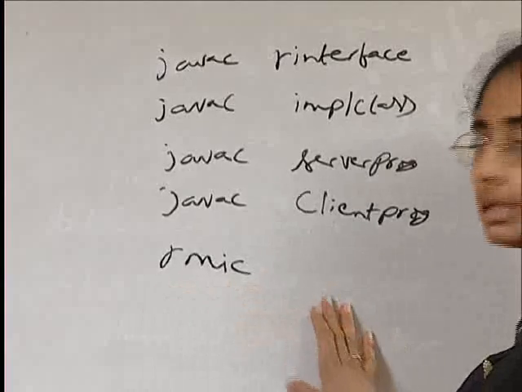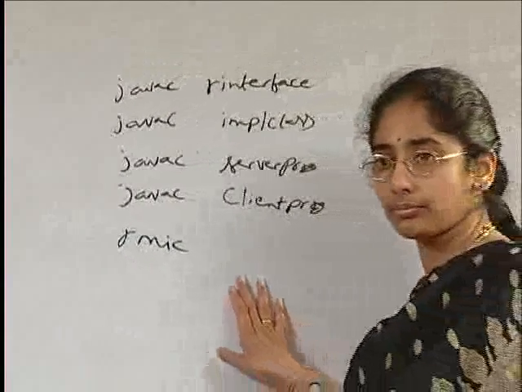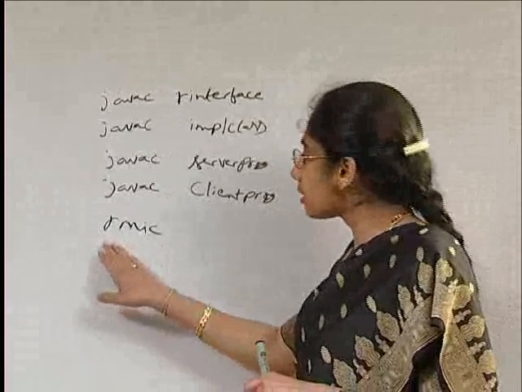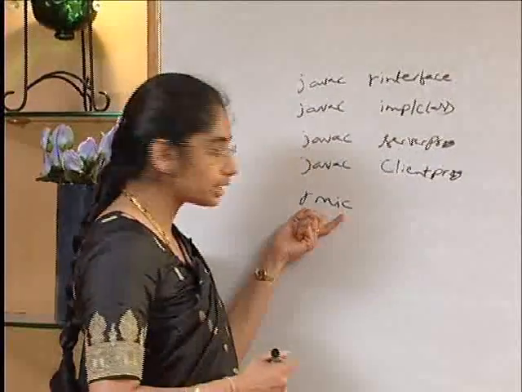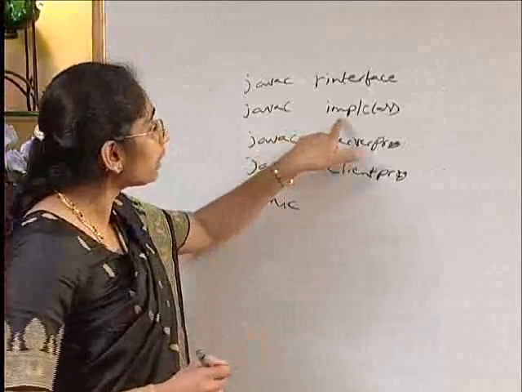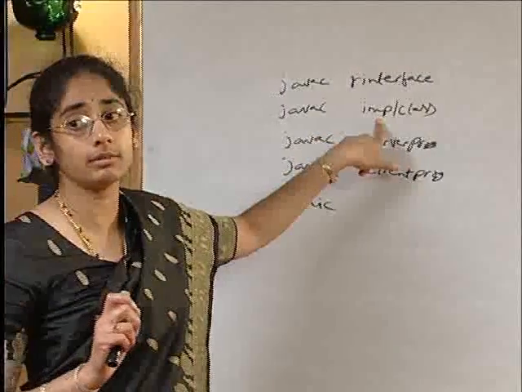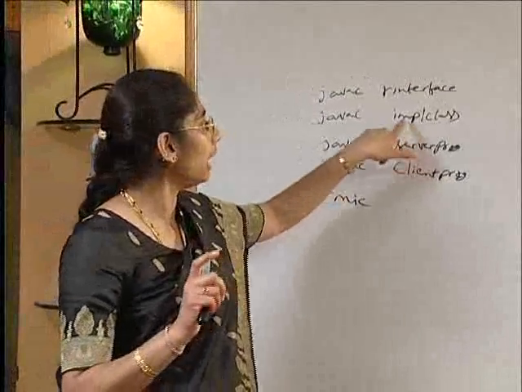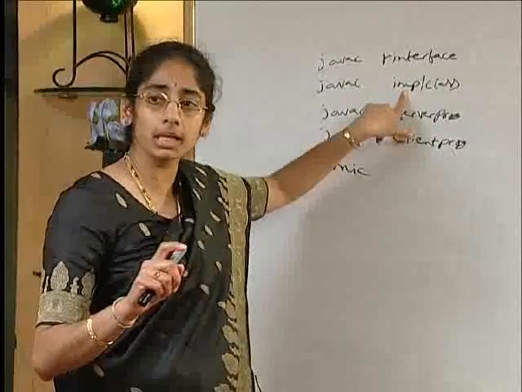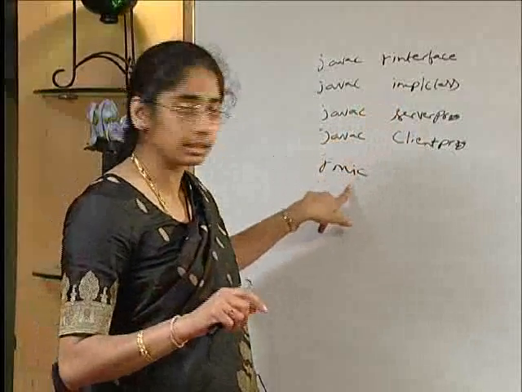If not, you can just specify RMIC and the file name. So to generate the stub and skeleton class files, you use the RMIC command with the implementation class file, not the Java file. Remember, that's why we mentioned that after compilation of the implementation class, anytime you can generate the stub and skeleton.